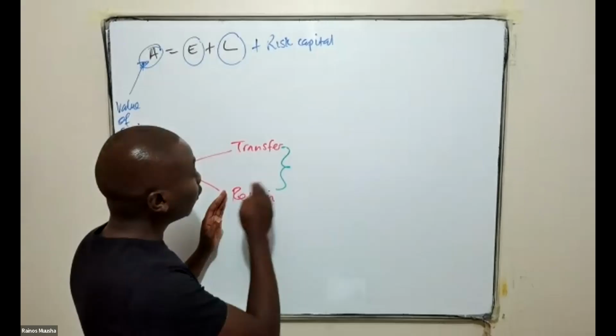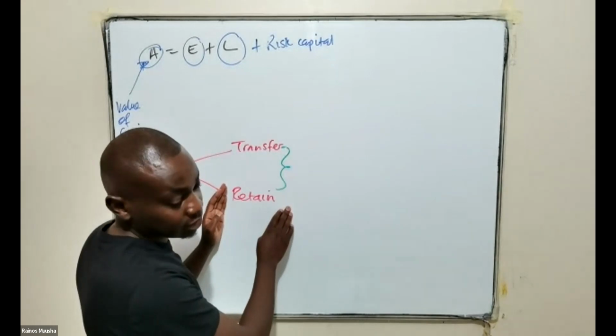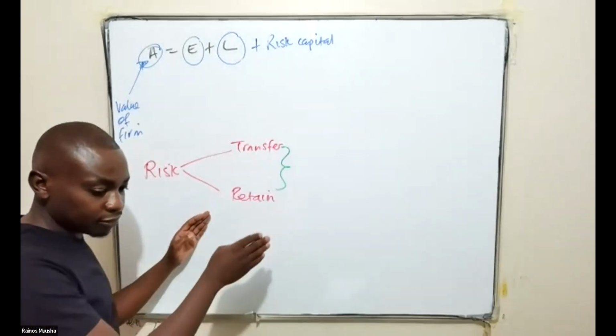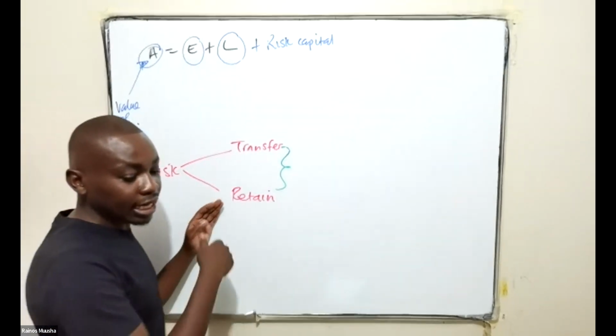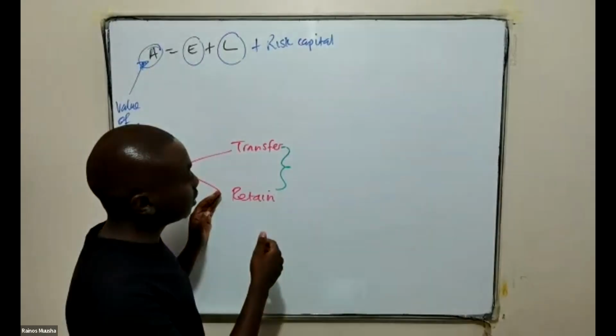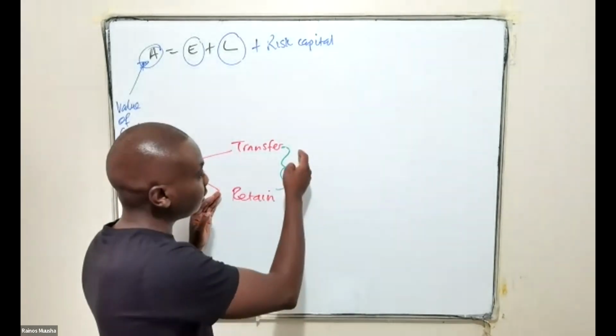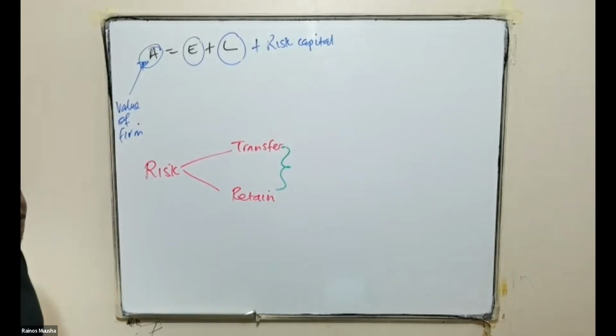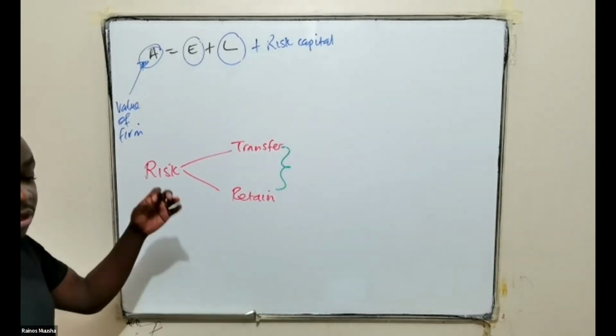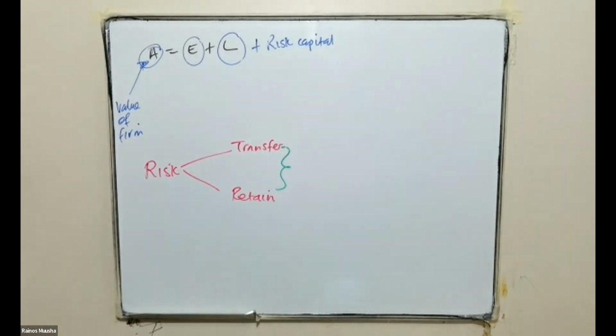In study units 12, 13, and 14, there are other methods that you can consider to alternatively transfer the risk without necessarily going the commercial insurance route. So that's study unit 12 all the way to 14.